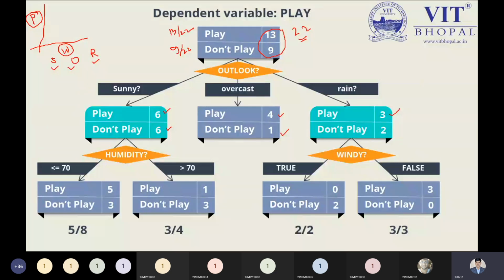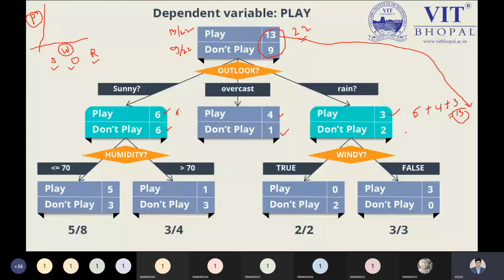So here you can see 6 plus 4 plus 3, in total we have 13. It means you can see that the total play we have is 13, so all the values match this condition.